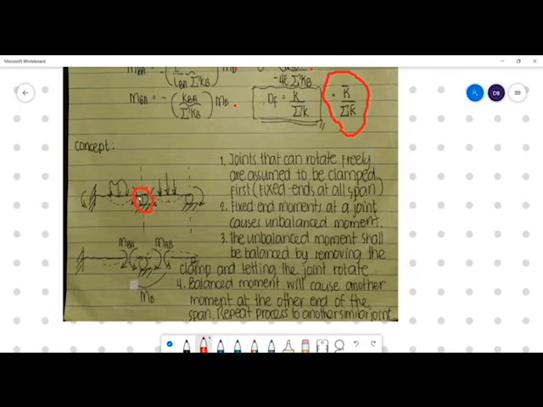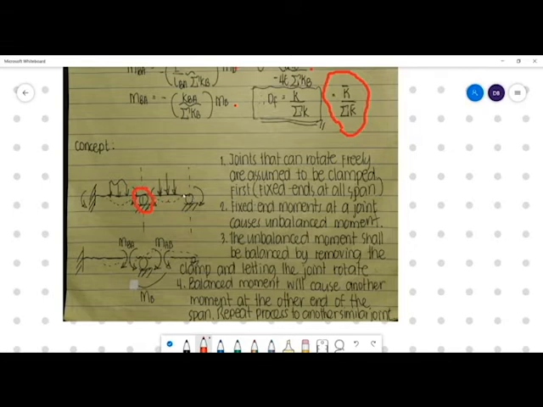Pero at the same time, pag in-apply na natin yung balance moment natin, somewhat it will cause moment on the other side of your span. So yung unbalanced moment natin dito sa gitna, somewhat magko-cause ng moment sa kaliwa and also magko-cause din ng moment sa kanan. Okay?